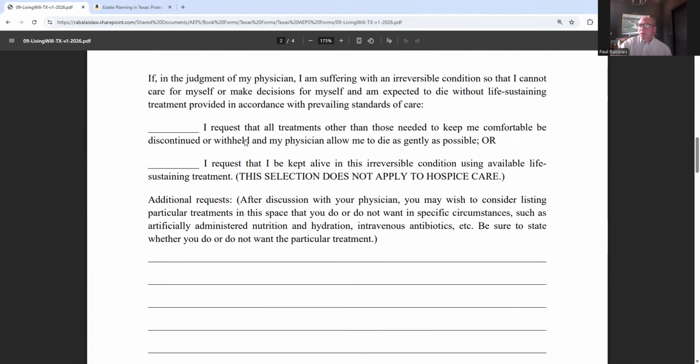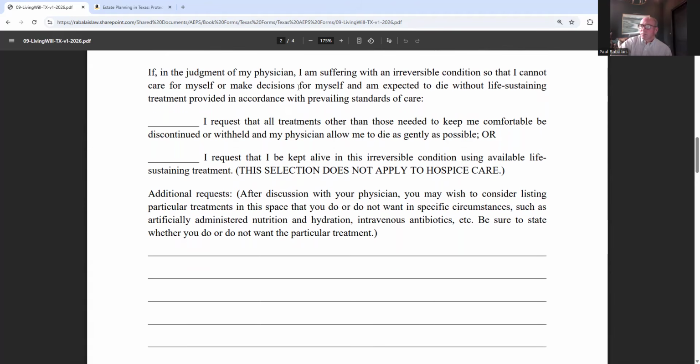And then there's a similar statement next where if in the judgment of your physician, you're suffering with an irreversible condition so that I cannot care for myself or make decisions for myself and am expected to die without life-sustaining treatment, then you can request that all those treatments be discontinued or withheld, or you can request that you be kept alive.